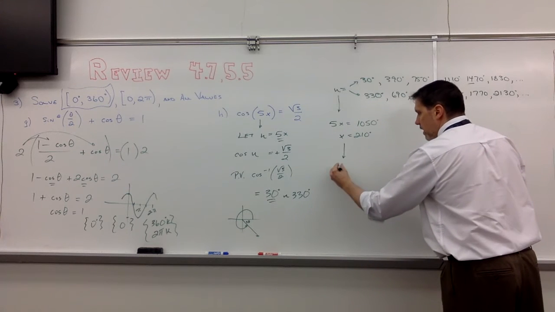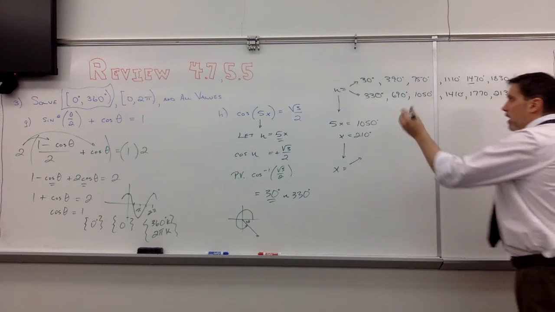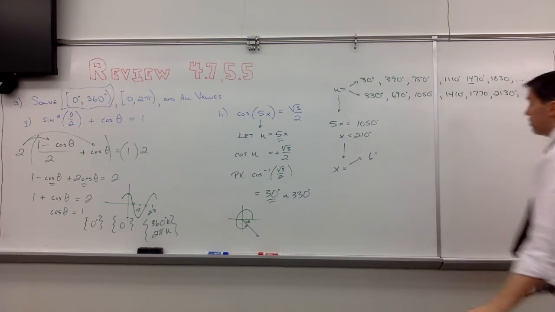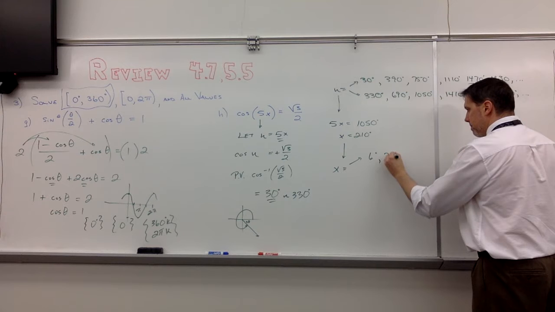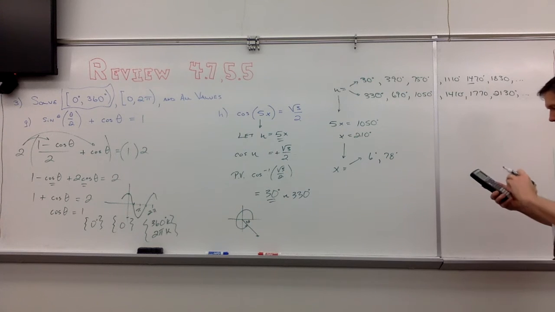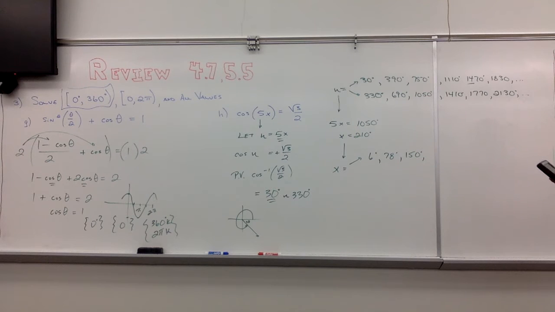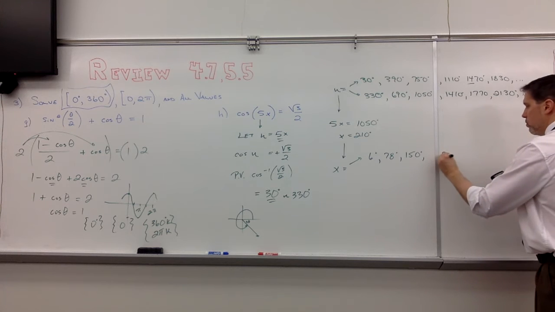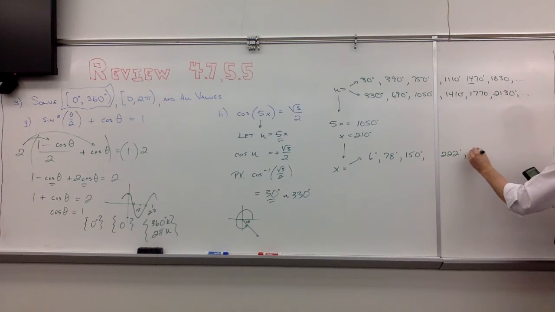So let's do that. We'll just say x now equals, take all these, divide by 5. 30 divided by 5 is 6 degrees. Then we just go 390 divided by 5 is 78. 750 divided by 5, that's 150. So we can handle some of these. 1110 divided by 5, 222. 1470 divided by 5 puts us at 294.